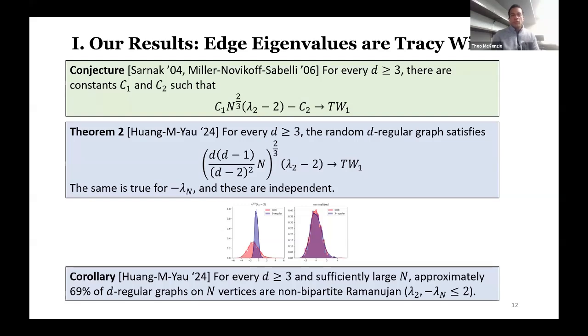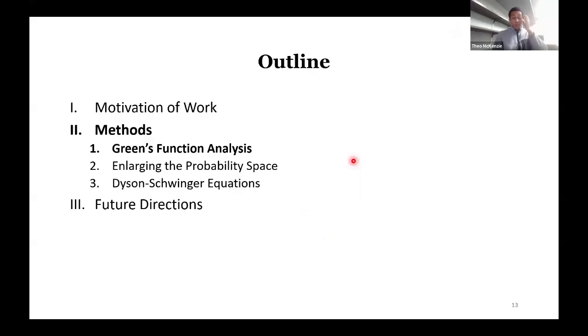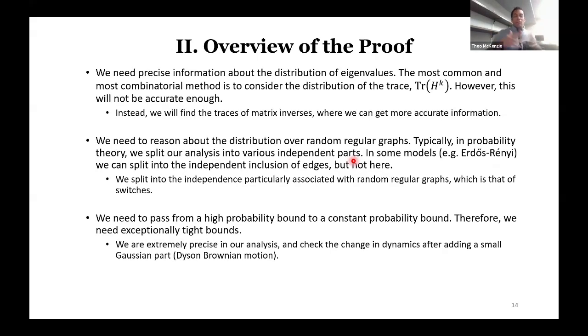Okay, great. So then I'll talk a little bit about the methods. So let me first give a general overview. Like I said, I know that people are coming from a variety of different areas. So an overview of how we want to tackle this problem. So first of all, we want precise information about the distribution of eigenvalues.